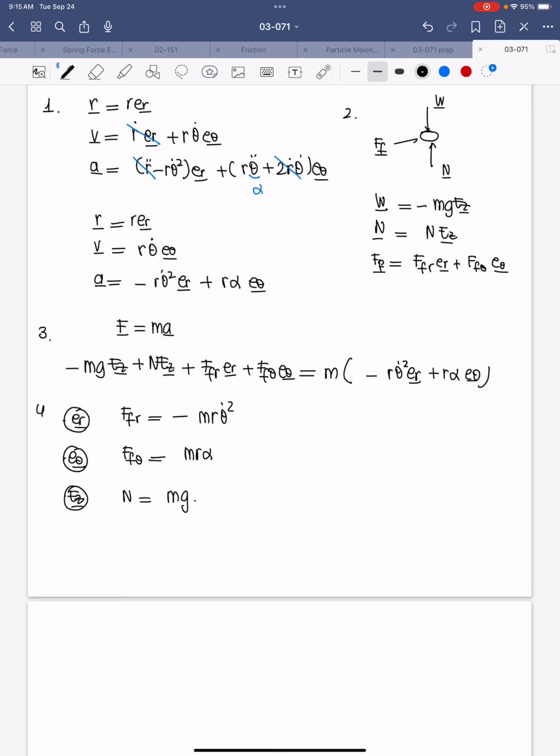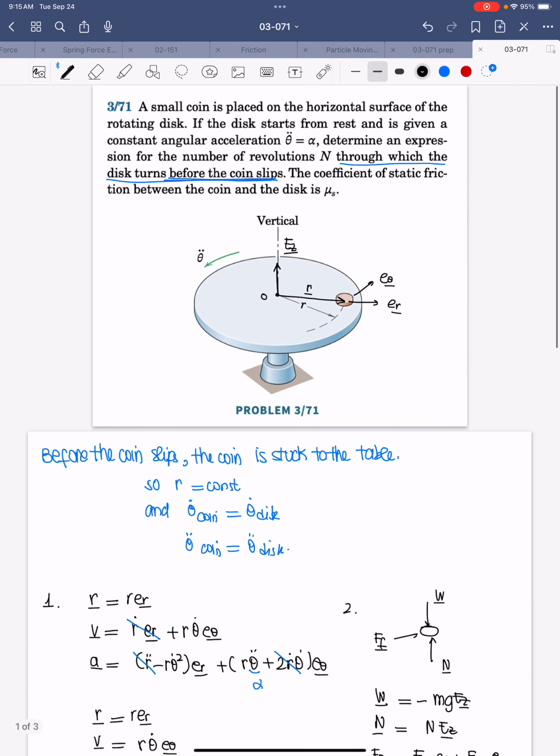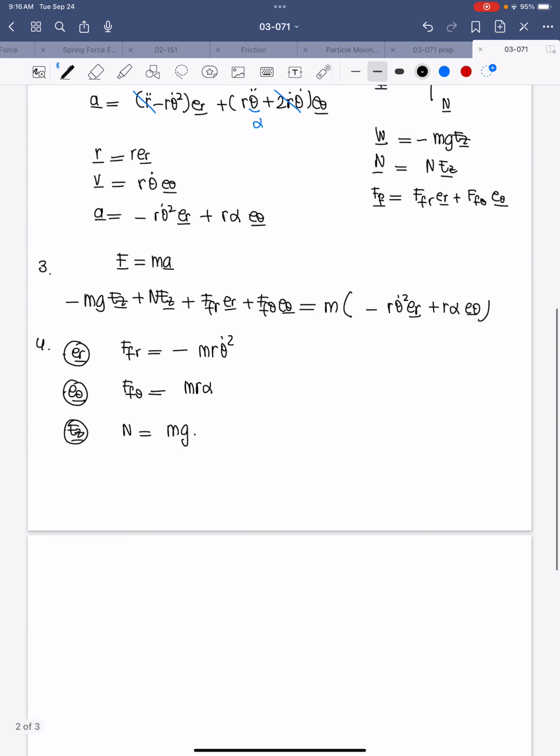Okay, now let's remember what the problem was initially asking for. They're asking for the number of turns before the coin slips. So just before the coin slips, how many turns would the table have turned? Now before the coin slips, the friction force is static, and the static friction force criterion is satisfied.